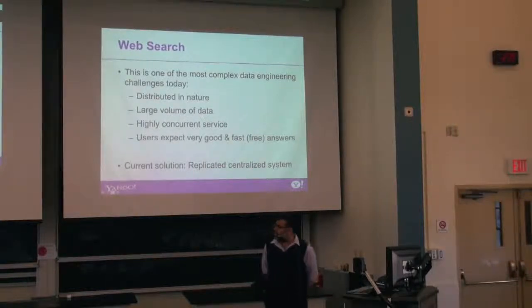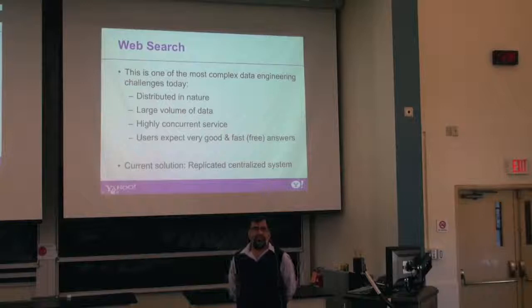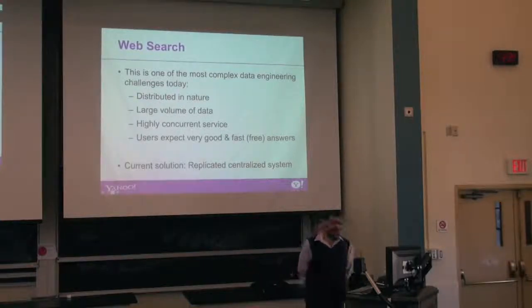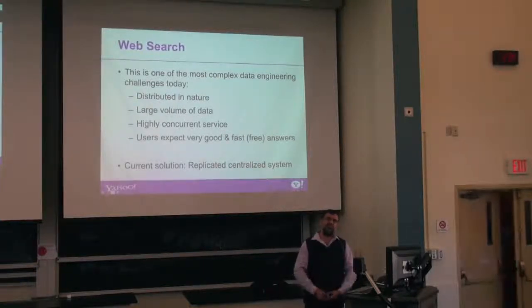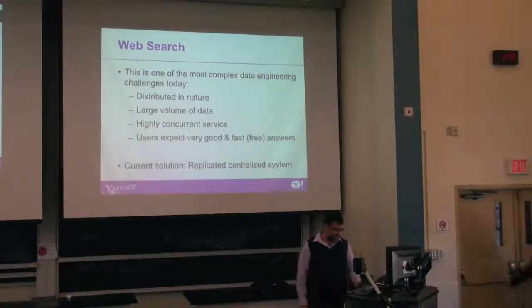And a very highly concurrent service: billions of queries per day in all the search engines currently running. And of course, people expect very good and fast answers, and for free. Because if you have never paid for something, why do you pay now? That's the problem. So it is a very hard engineering problem. You want good answers, and you want them without any cost.